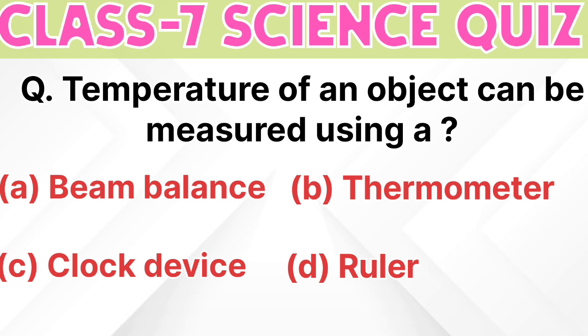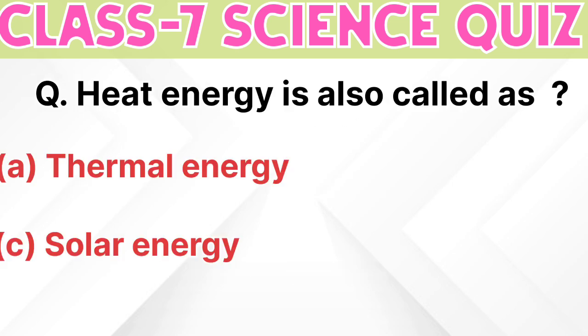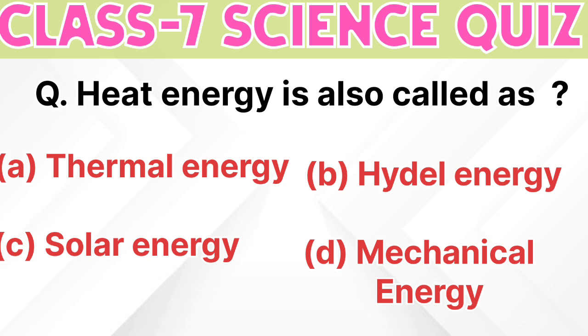The correct answer is B, thermometer. Now the next is, heat energy is also called as thermal energy, hydel energy, solar energy, mechanical energy. The correct answer is A, thermal energy.